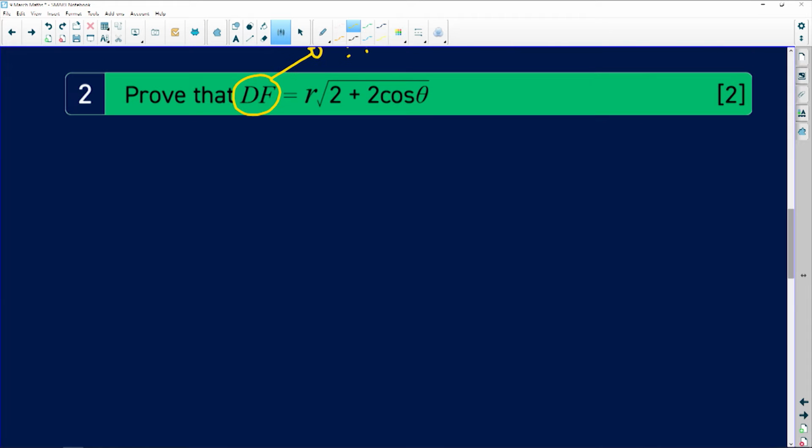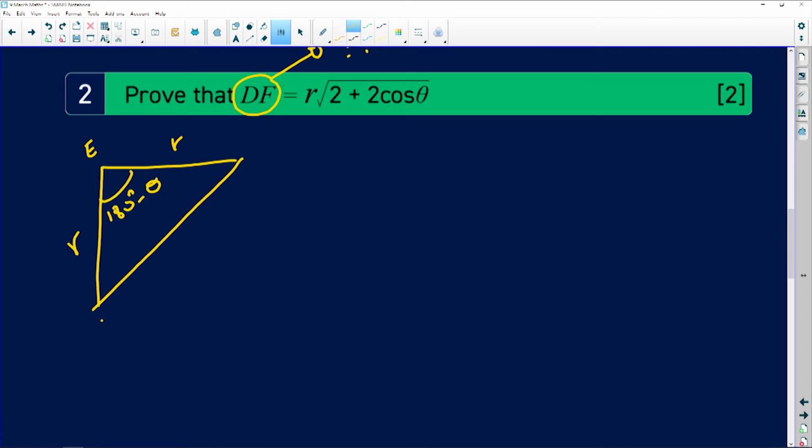So let's isolate that triangle. That triangle EFD looks as follows, right? We've got R here, we've got R here, we've got 180 degrees minus theta as this angle that you're looking at there. And then this is E, and then we've got D here, and we've got F. You're looking for that side there.